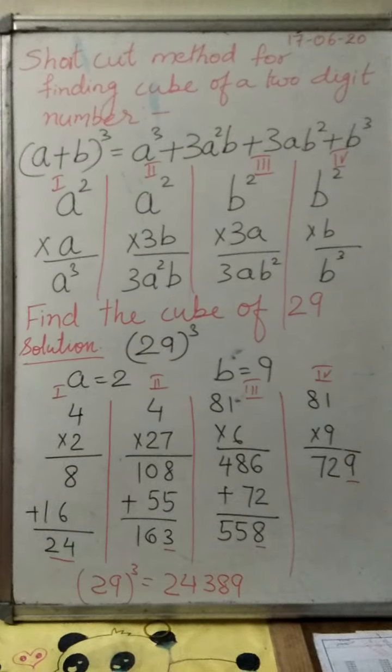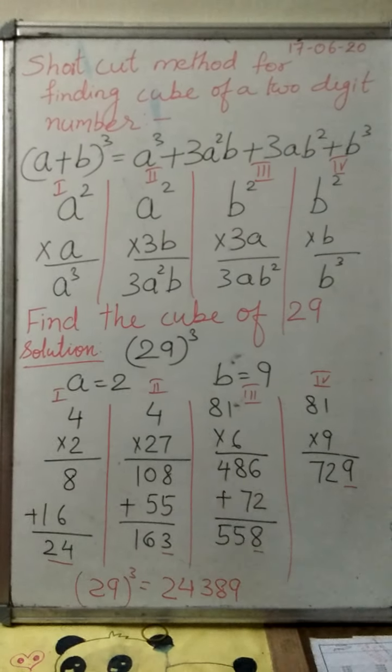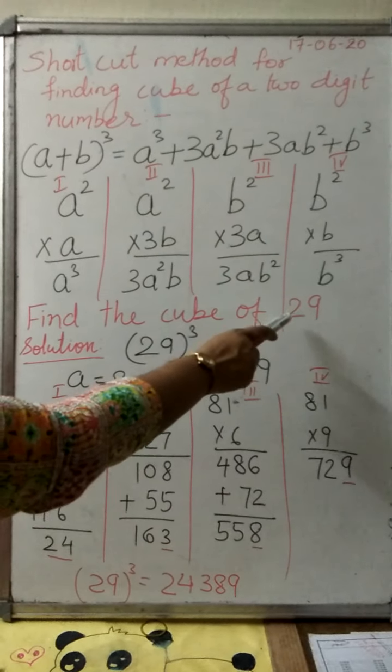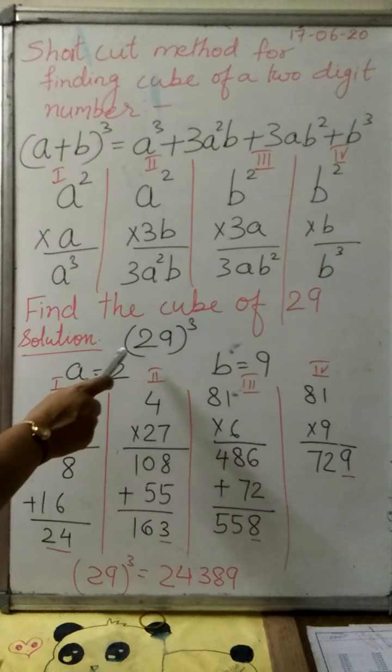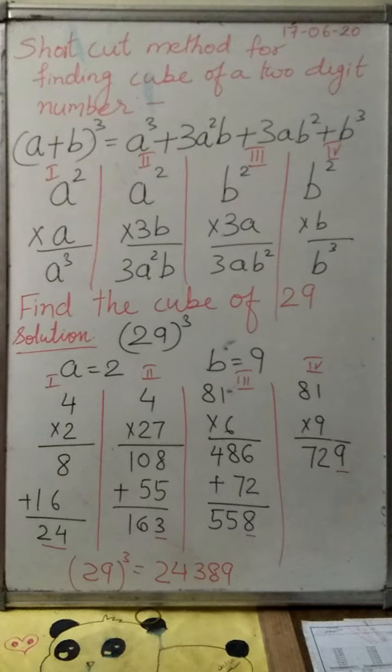Now let us see one example how to find cube by using this method. Find the cube of 29. Here on the board you can see a and b. So what is a and b?